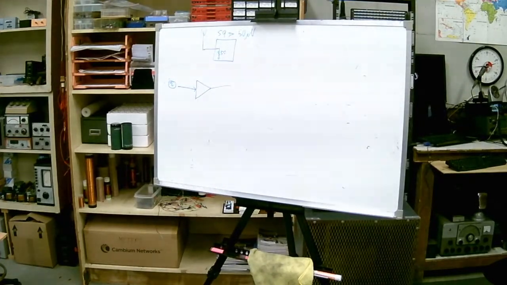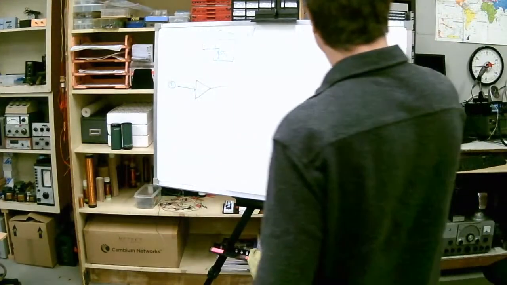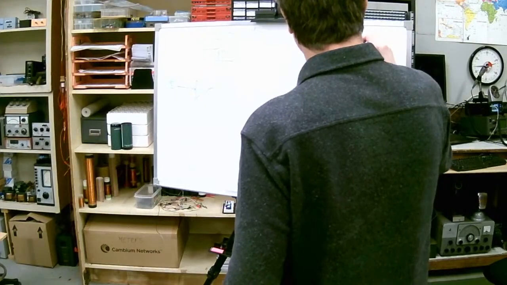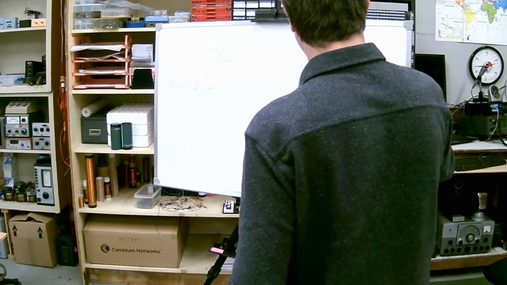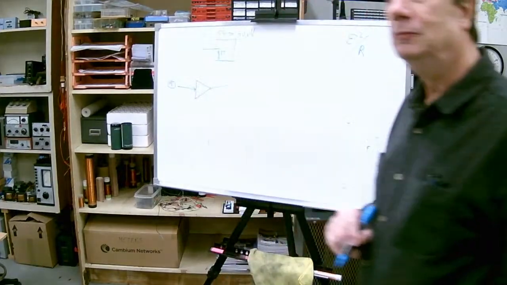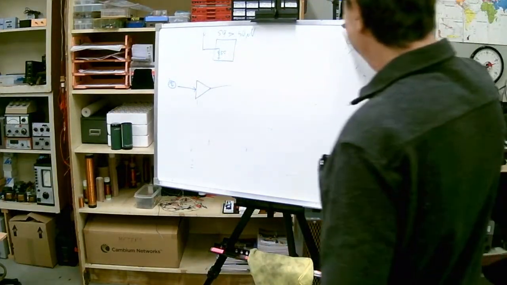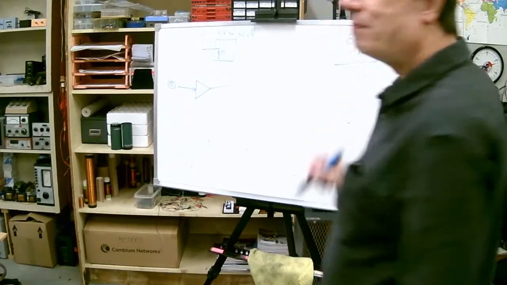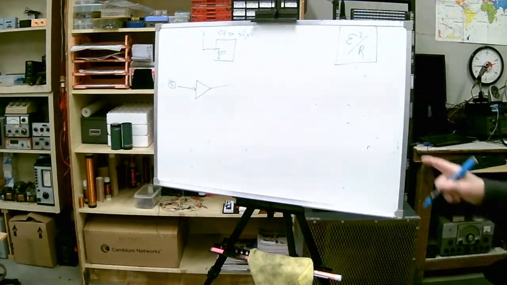A millionth. So 50 micro is 50 millionths. I think E divided by 50 ohms will give us I, and then we plug I into I squared R, right? That will give us power.